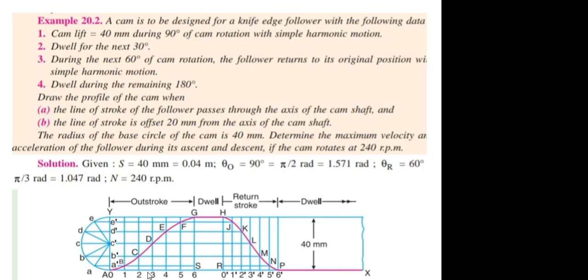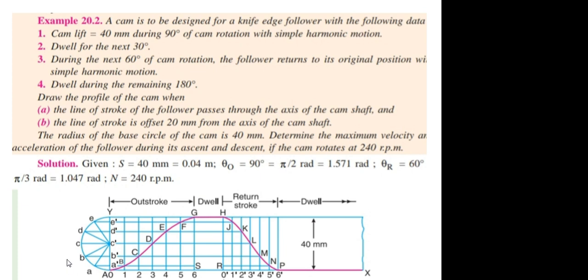So by taking some suitable scale, mark here theta O, dwell 1, theta R and dwell 2. Now here theta O is 90 degree. You can take some suitable scale, 1 centimeter equal to 15 degree.